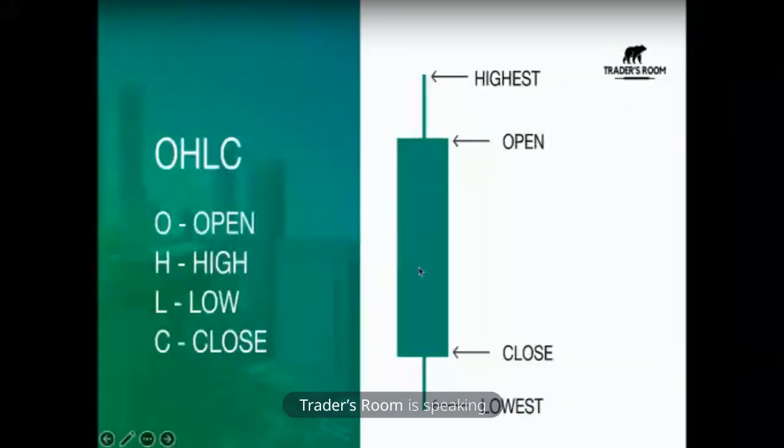But eventually, within the opening interval and the closing interval, it could be a 1 hour time frame, it could be 2 days, it could be a 1 month time frame, it could be a weekly candle, it could be a daily candle. So between the opening and the closing of the market, or the time frame you're using on the chart.